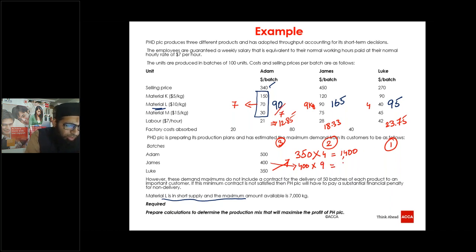That means how much will I use? 3600. That means by producing these 2 products, I would have used 5000 kg. And I will be left with only 2000 kg. Am I correct?